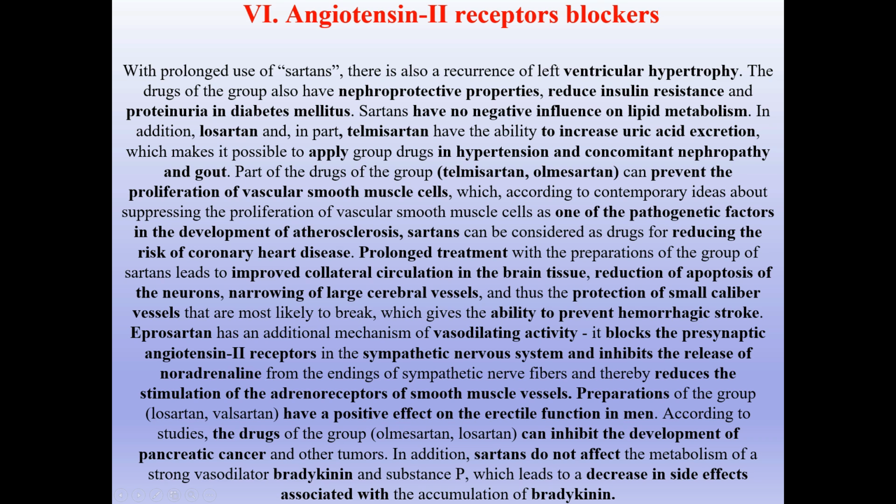Prolonged treatment with sartans leads to improved collateral circulation in the brain tissue, reduction of apoptosis of the neurons, narrowing of large cerebral vessels, and thus the protection of small caliber vessels that are most likely to break, which gives the ability to prevent hemorrhagic stroke.